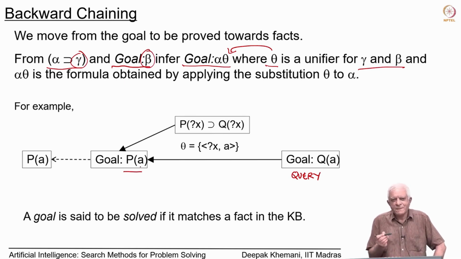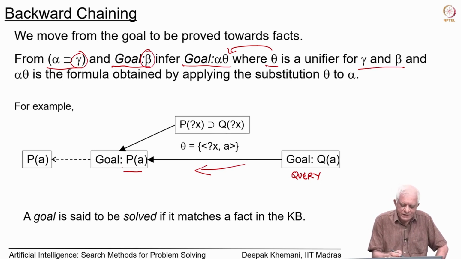So, when we started with the question that is q of a true, backward chaining says that there is a rule which says that all p's are q's, and therefore, let us use that rule, chain backwards. Remember the arrows are pointing from left to right here, and generate a subquery, and the subquery is: is p of a true.